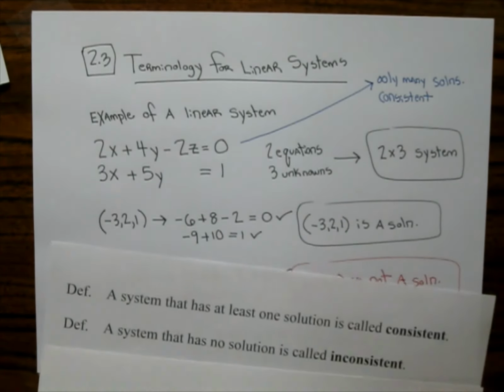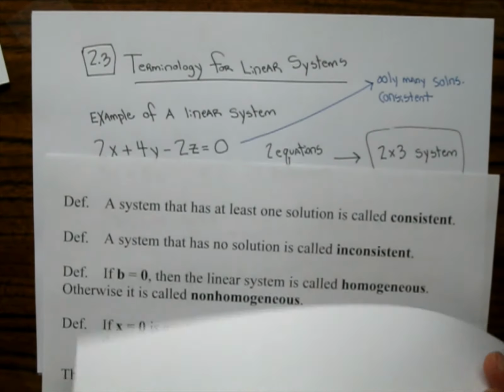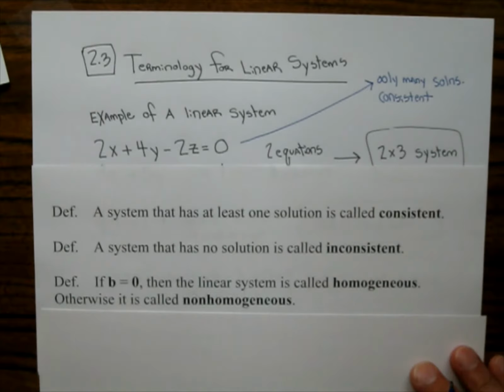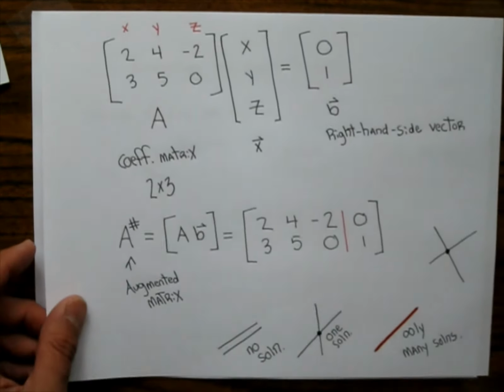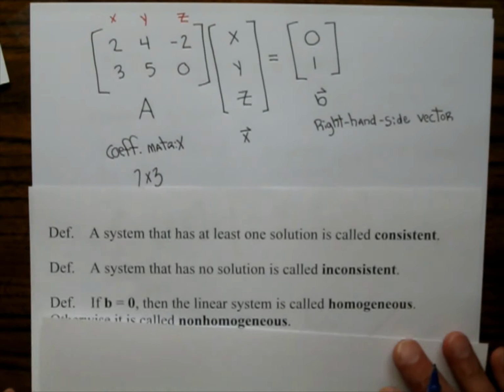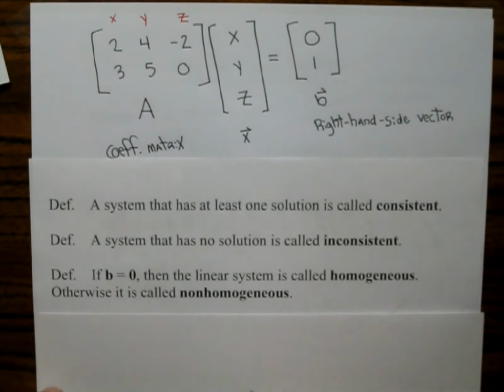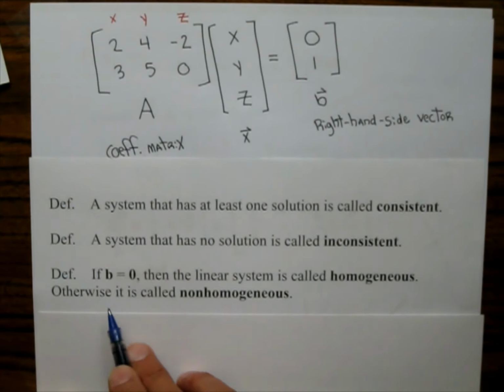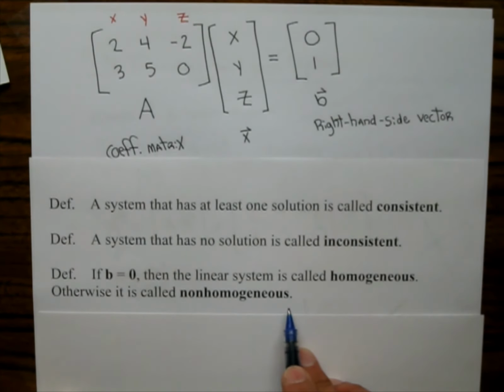Okay. If b equals 0, so kind of going back to this, maybe we should look at this right here. If b equals 0, then the linear system is called homogeneous. Otherwise, it's called non-homogeneous.